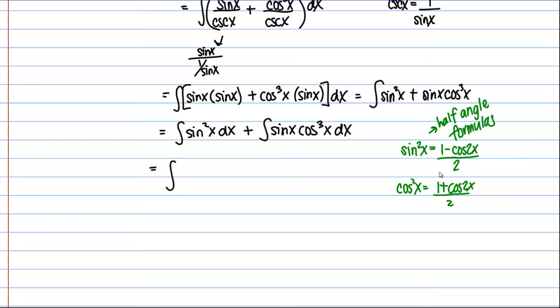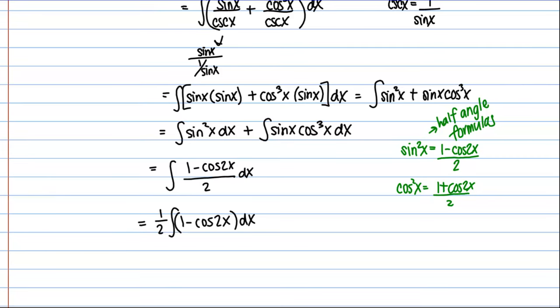So I'm going to rewrite sine squared x as 1 minus cosine 2x all over 2 dx. And then I can pull a factor of 1/2 out front, and I'll simply have the integral of 1 minus cosine 2x dx.